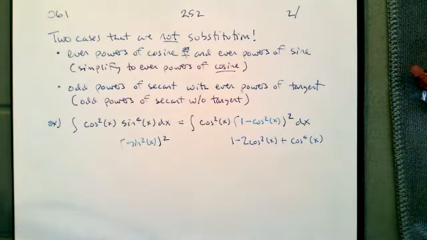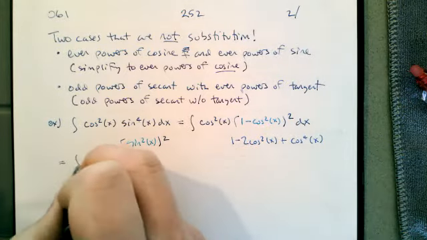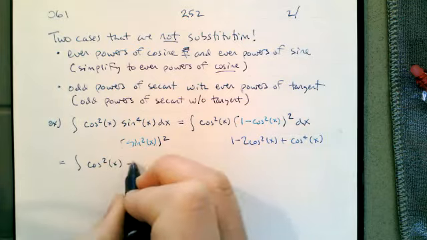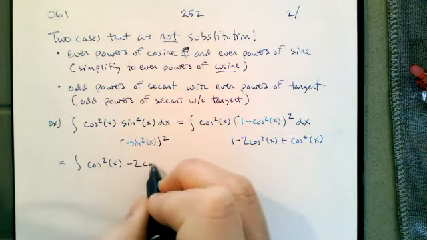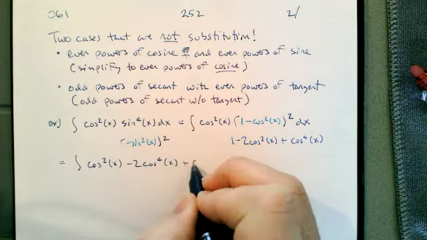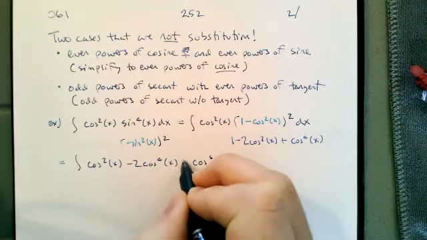And then I can multiply by the cosine squared. So we have the integral of cosine squared x minus 2 cosine to the 4th x plus cosine to the 6th x dx.